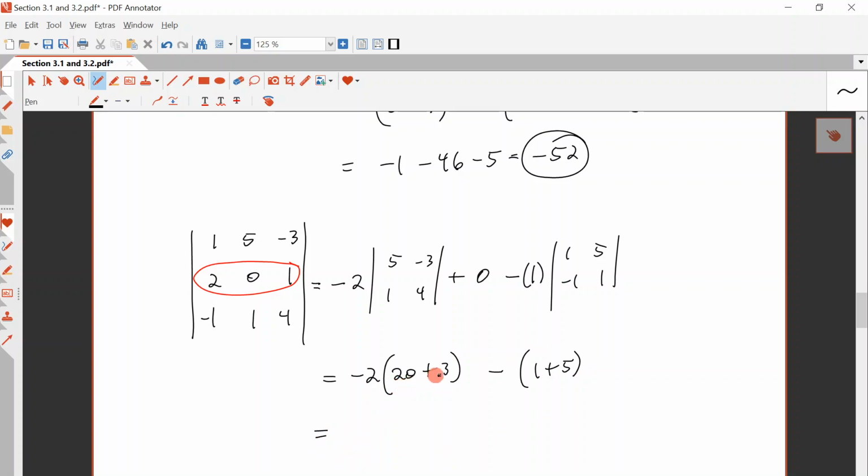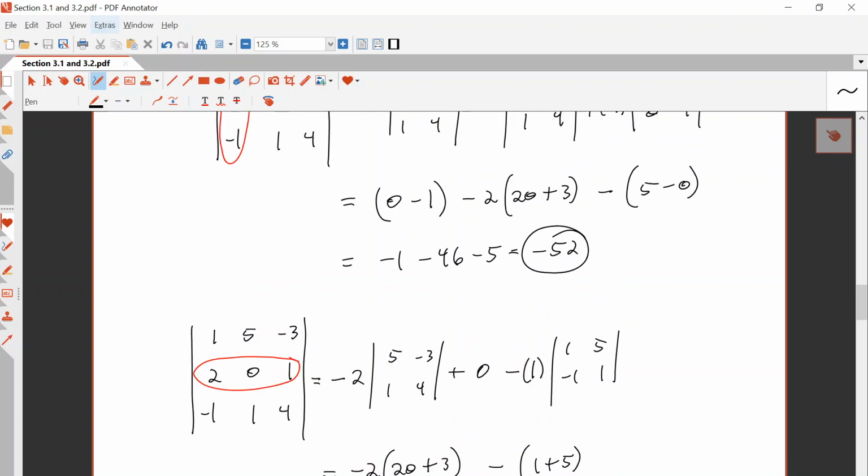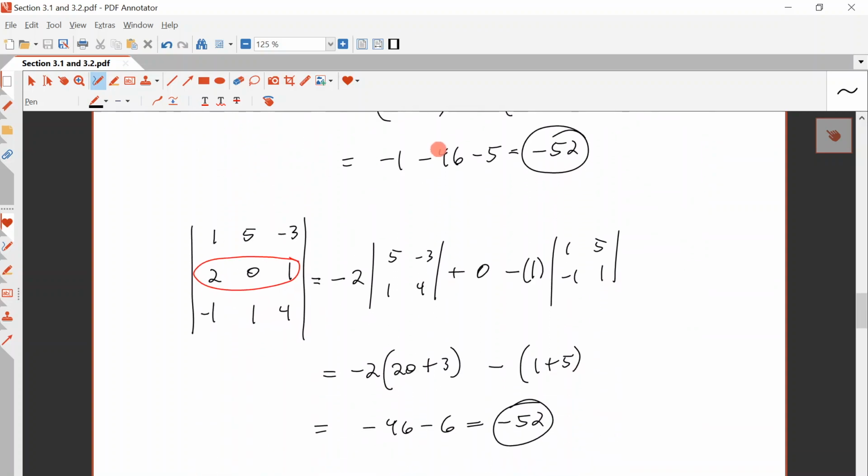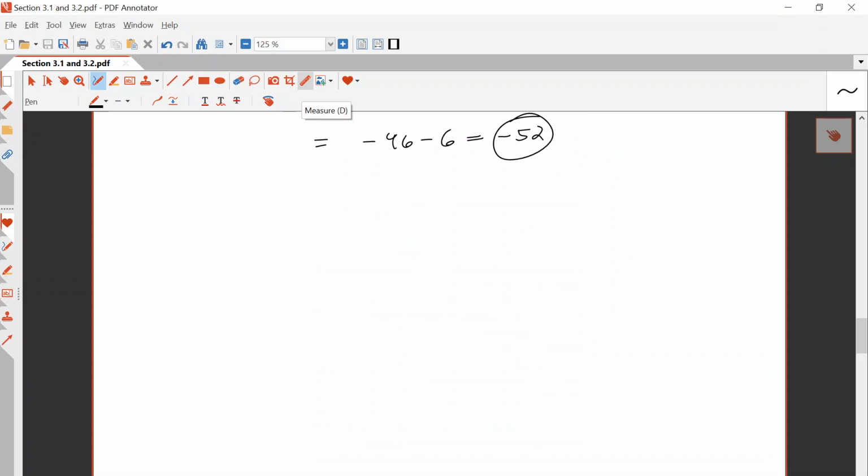So that's minus 46, minus 6, which is minus 52. Okay? So that's a couple different examples. We expanded around the first column, got minus 52, and we expanded around the second row and got the same thing, minus 52. And you can expand around any row or column and get the same thing.